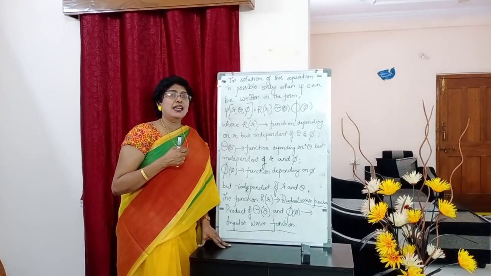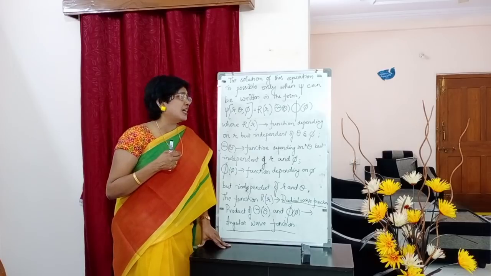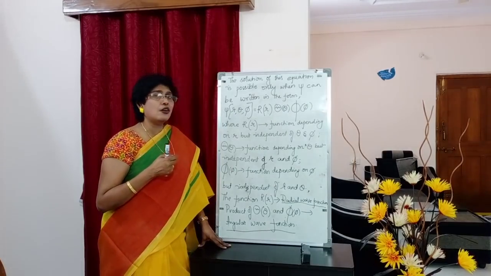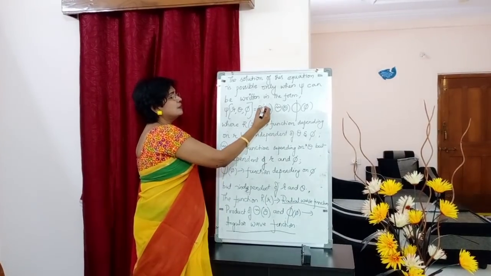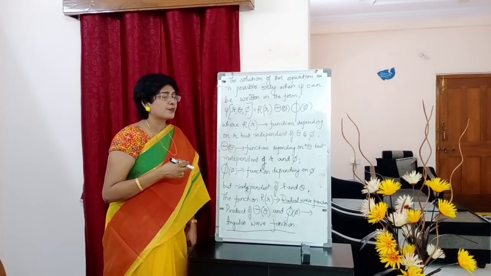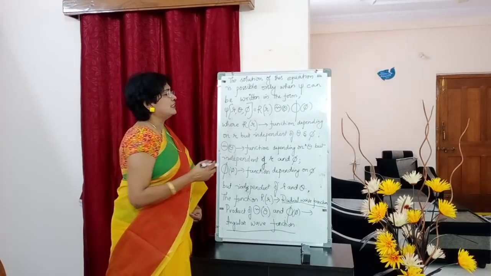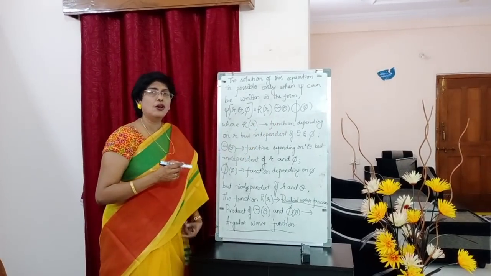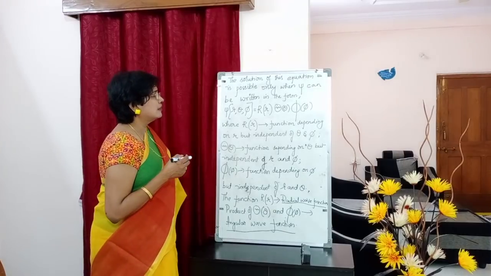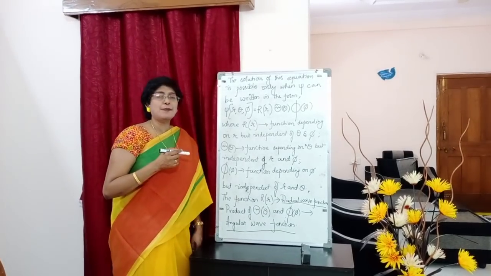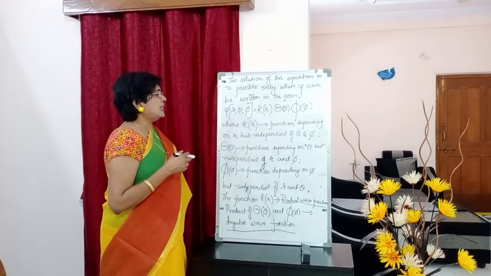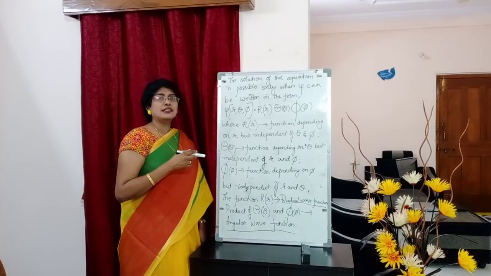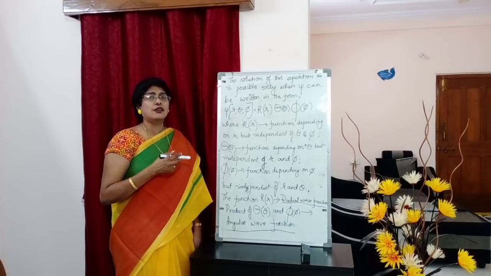So psi of r theta phi can be written as capital R of small r, students, small r put in brackets, capital theta of small theta, capital phi of small phi. Now we will see what are these R of r, theta of theta, phi of phi.